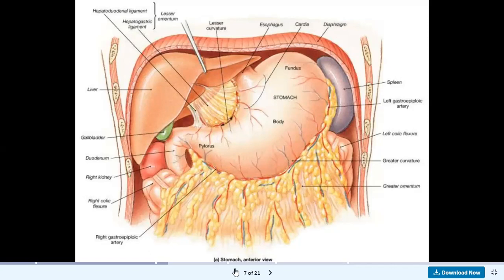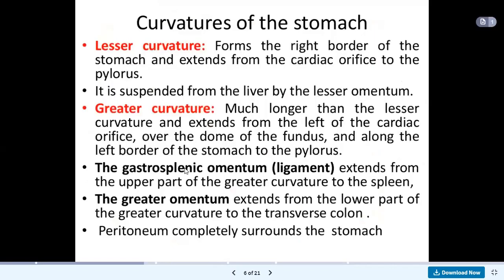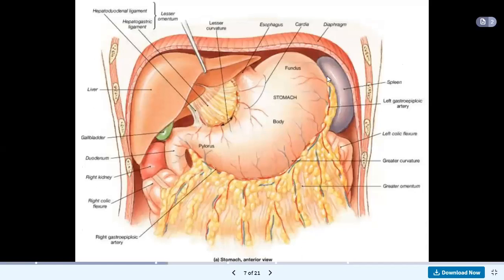Now, let's go back. So the gastrosplenic ligament or gastrosplenic omentum extends from the upper part of the greater curvature to the spleen. So let's identify it. In this diagram, here you find the spleen just behind the stomach.